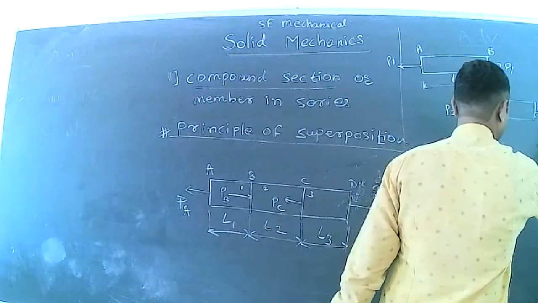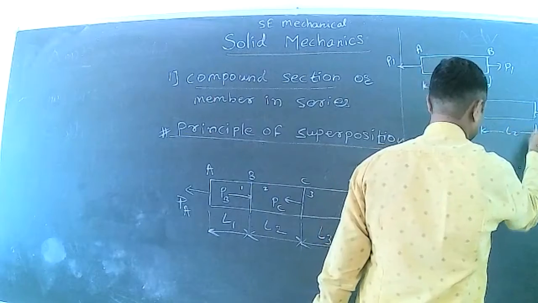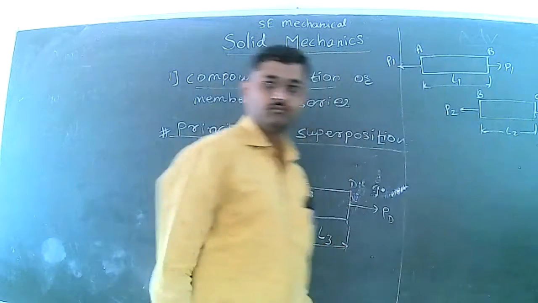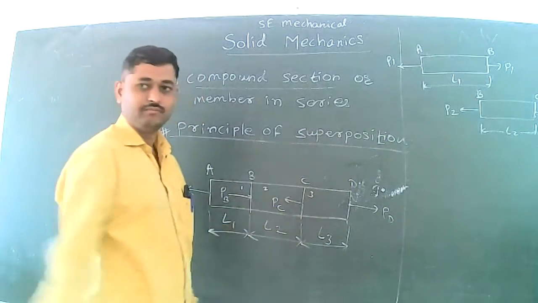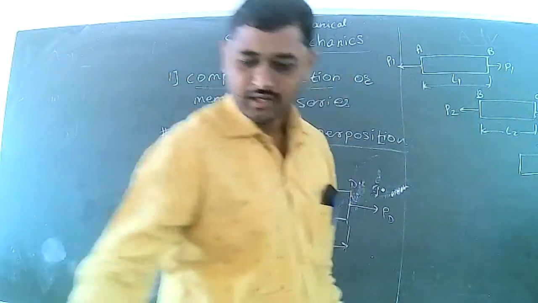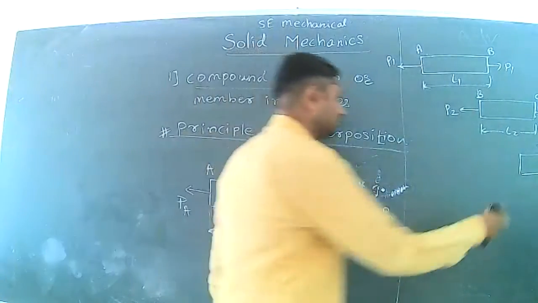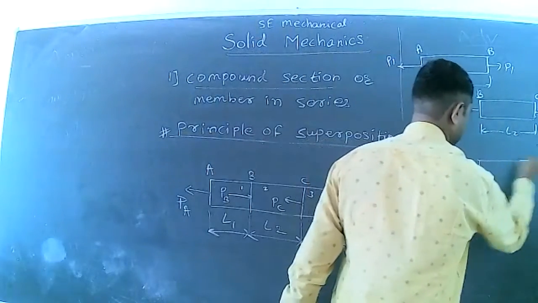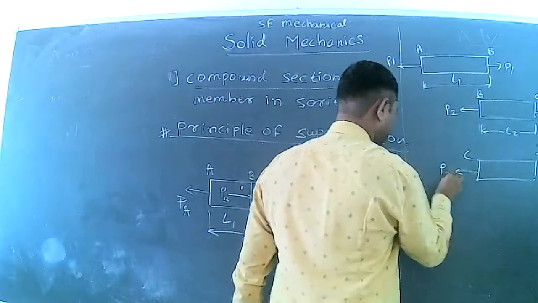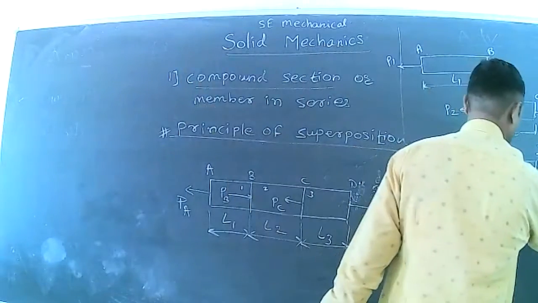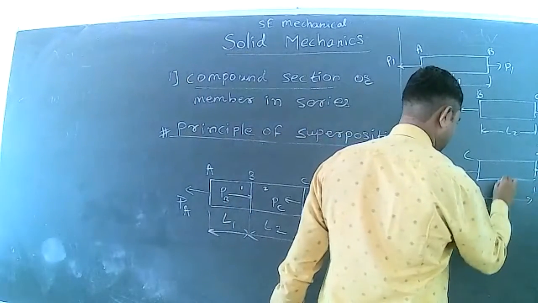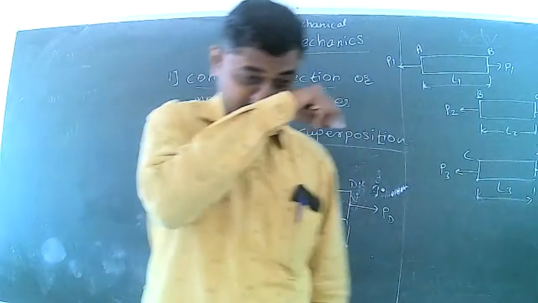Here we consider load P2 applied, the length is L2 and the points are B and C. For the third member, the load is applied at points C and D, and here you have to consider the load as P3 and the length of this member is L3.